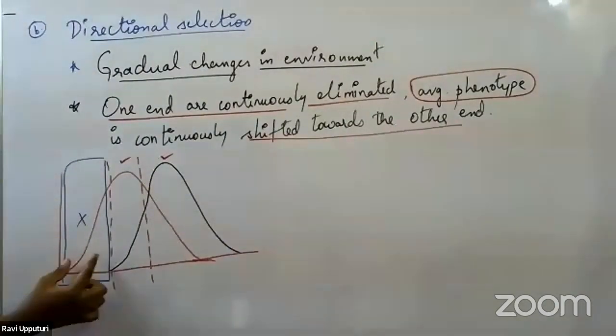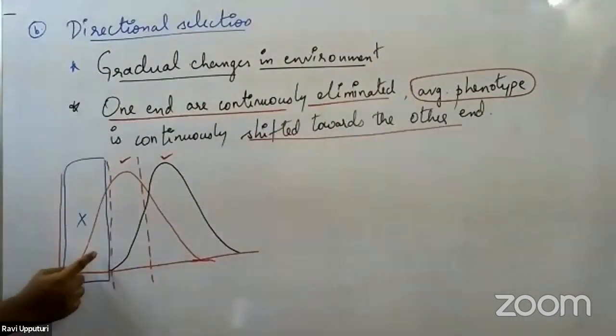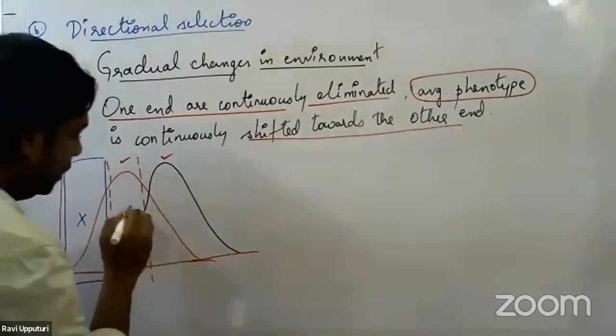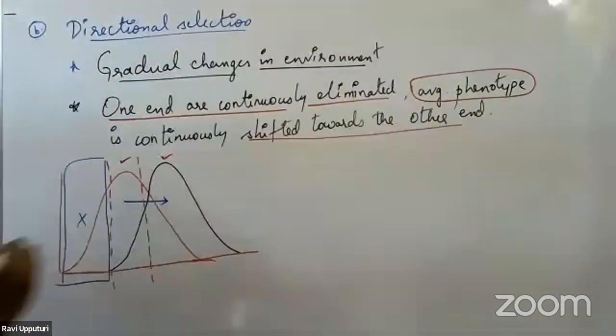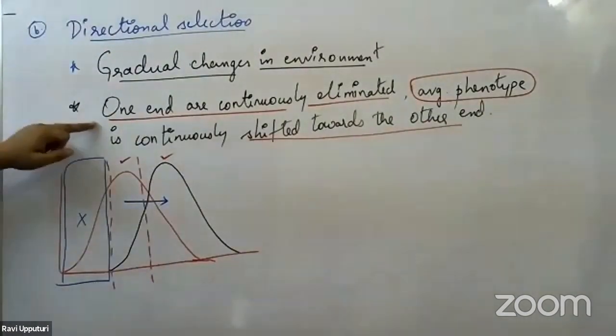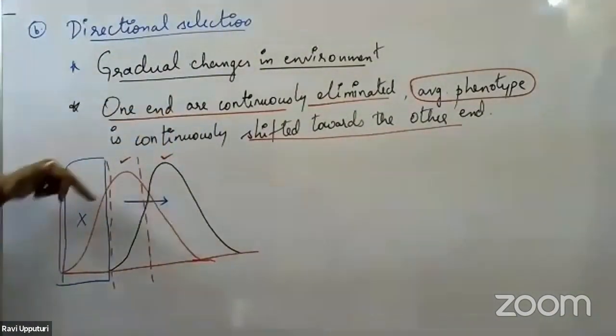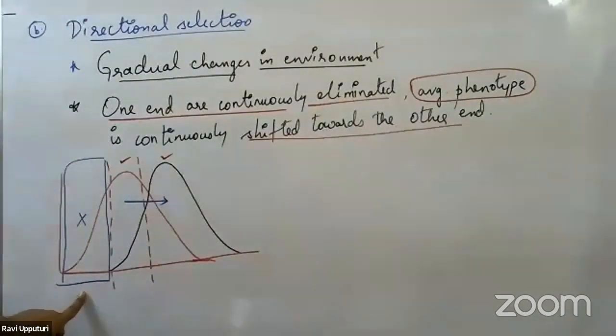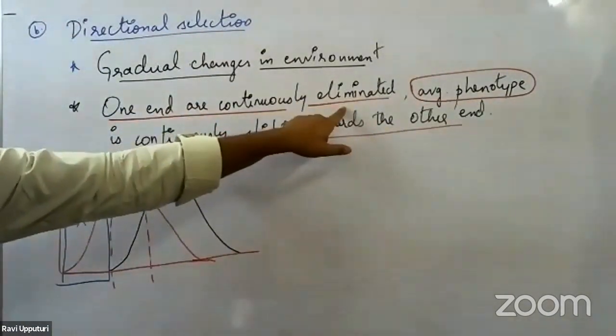Because individuals present towards one end of the phenotypic distribution curve are constantly eliminated, the peak is moving in this particular direction. So individuals present towards one end of the phenotypic distribution are constantly eliminated.